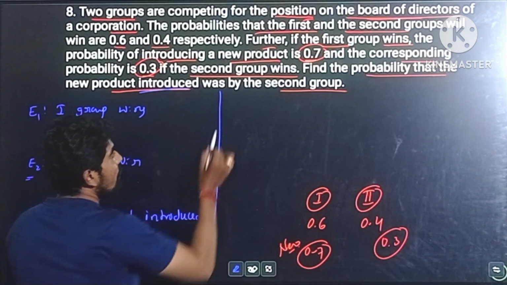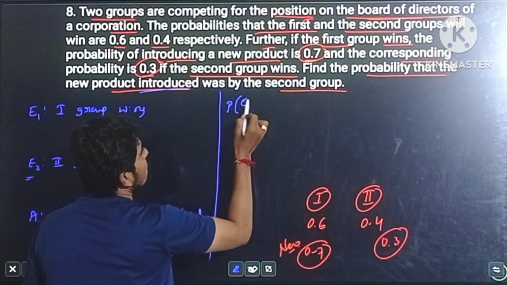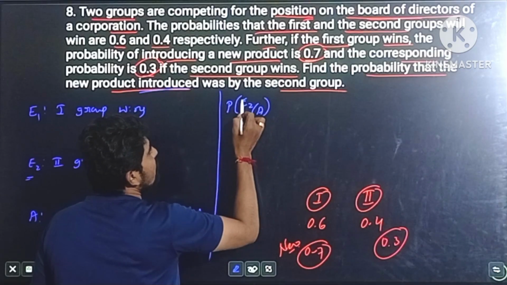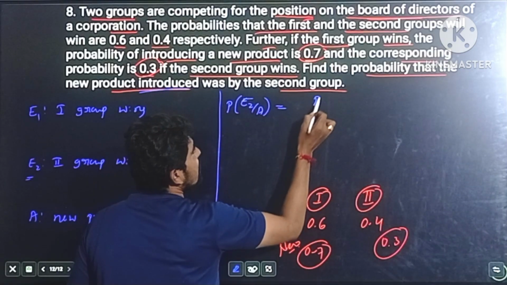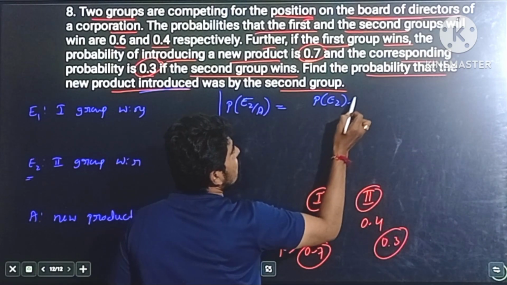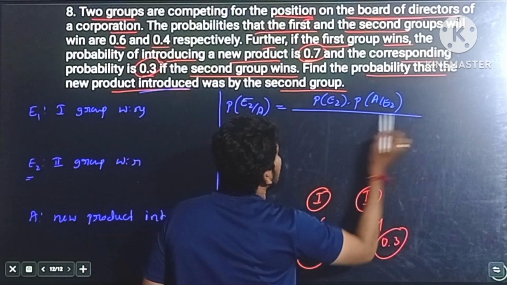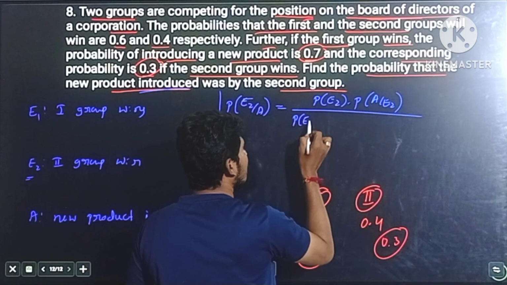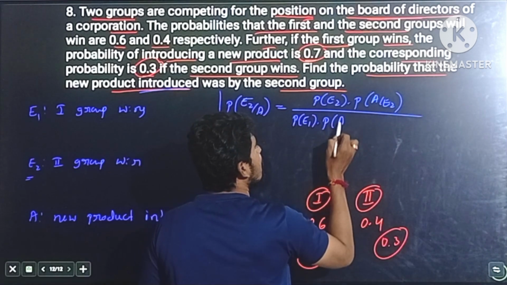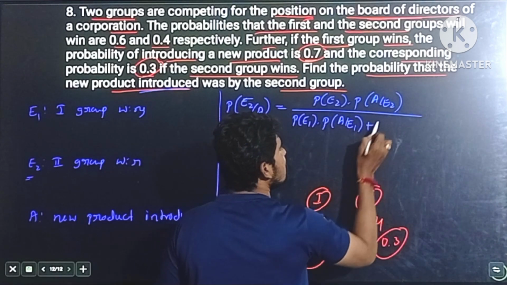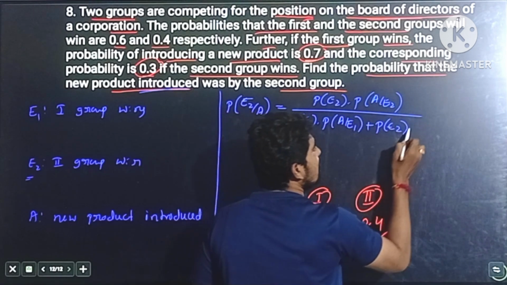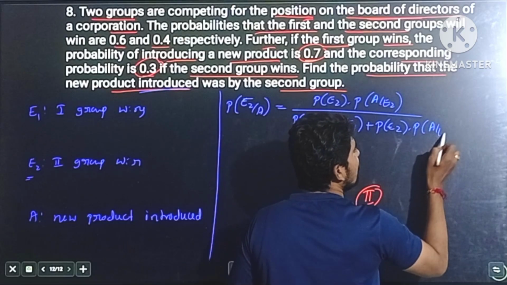Therefore we need probability of E2 by A. The formula for probability of E2 by A is probability of E2 into probability of A by E2, divided by probability of E1 into probability of A by E1 plus probability of E2 into probability of A by E2.